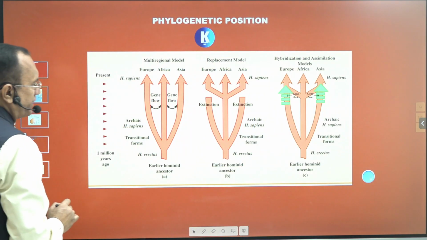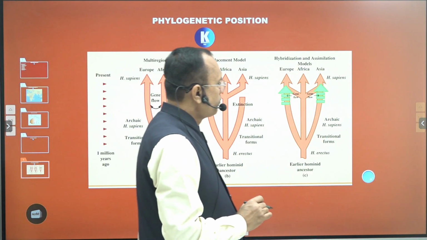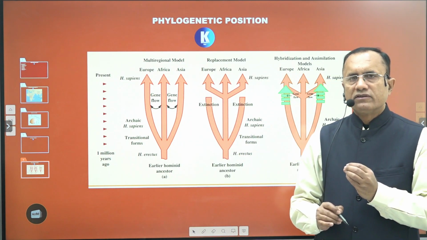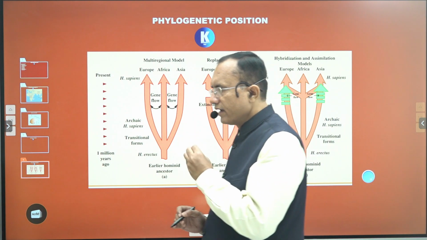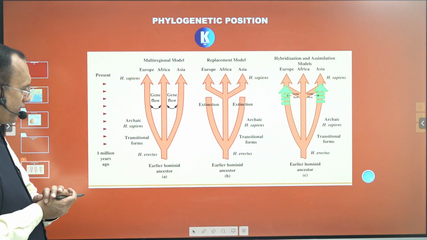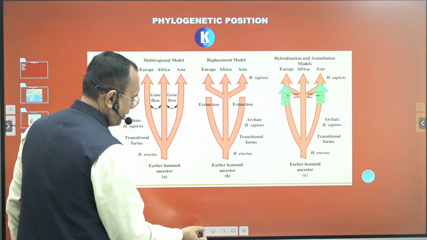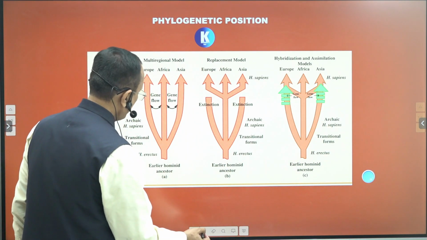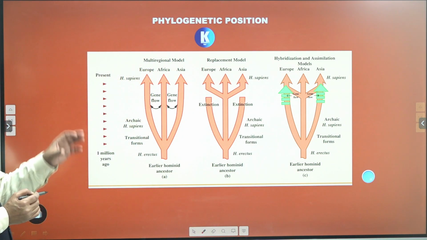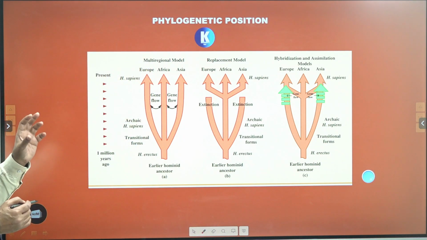That is very important. So if you want to write the phylogenetic position of Homo erectus, first you have to make that diagram, right? This is very important. So try to see that diagram, right?